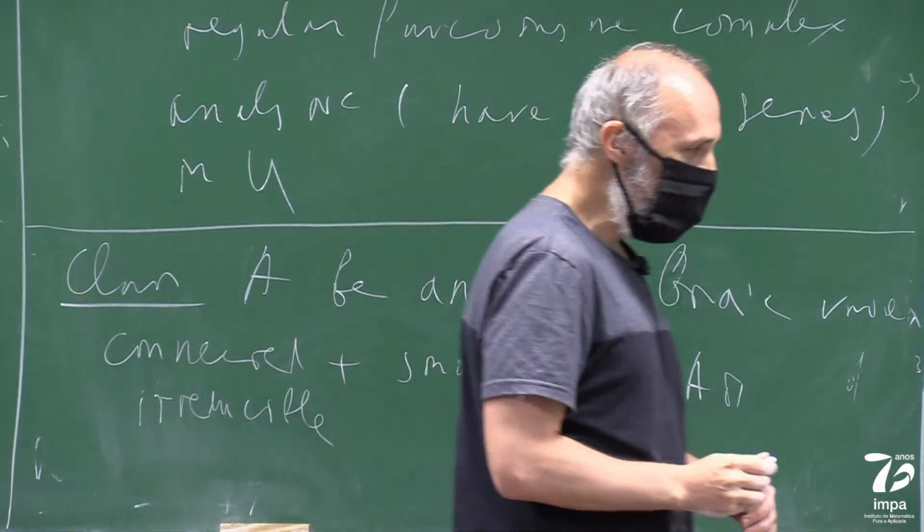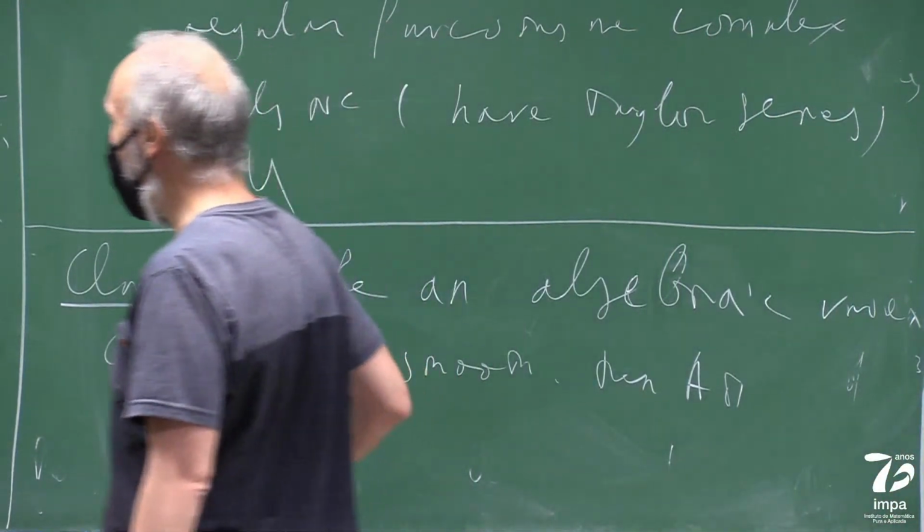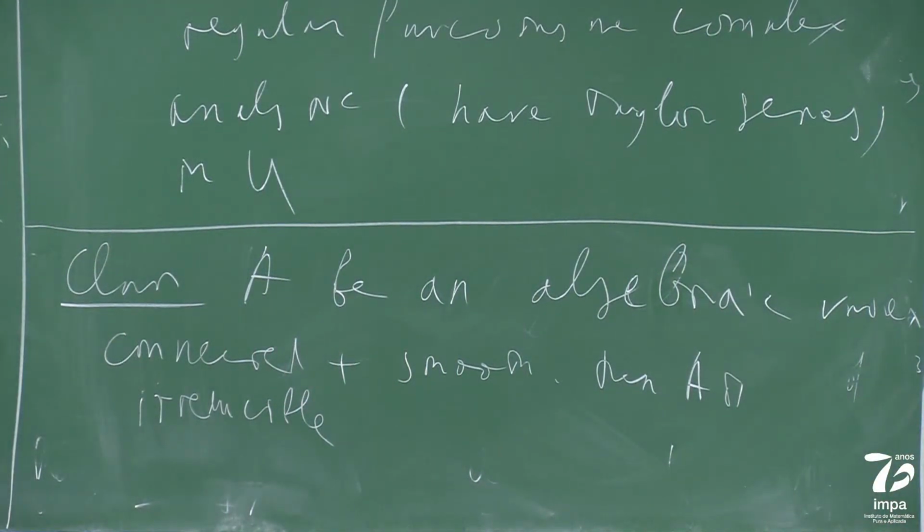And by connected, I mean connected in the usual topology. In fact, if you are interested in the Zariski topology, connectedness in the Zariski topology implies the usual connectedness, and this is extremely hard. It takes very advanced complex analytic arguments.